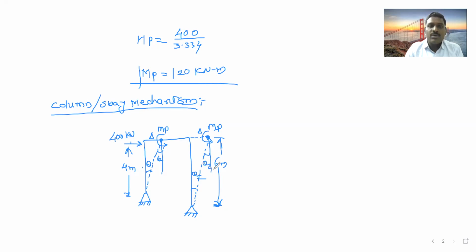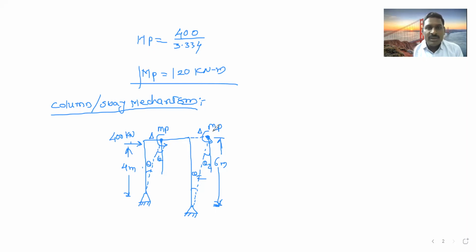Why? Because already in the beam we have used theta 1 rotation. So here we will give the notation theta, and this is theta 2.